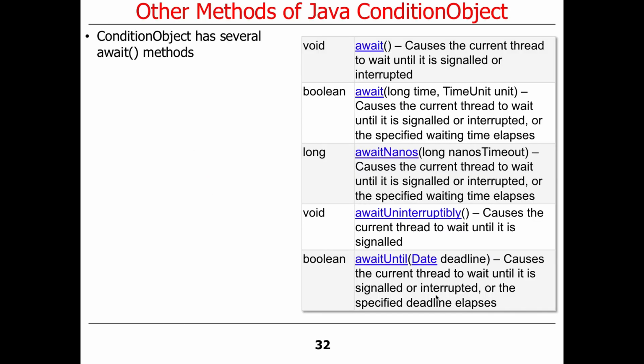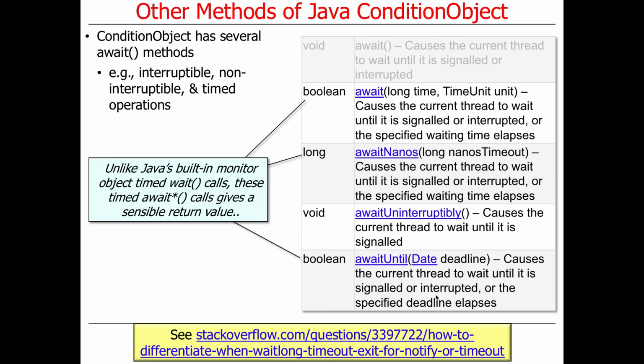There are some other methods in condition object. Most of them are variants of await. And you can see here that we have ways of waiting for a certain amount of time. You can wait in a very fine-grained way with nanosecond timeouts. These are up to millisecond resolution. This is nanosecond resolution. You can wait uninterruptibly, which says don't interrupt me while I wait.